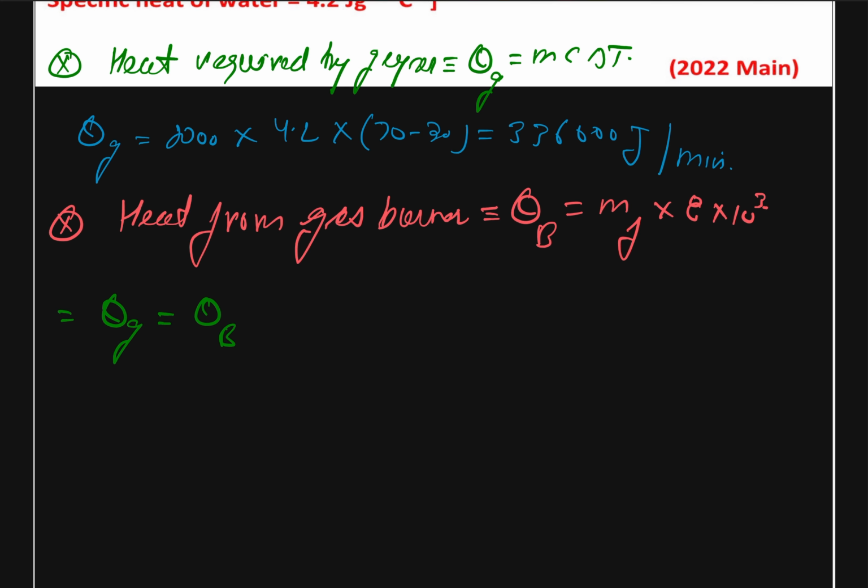So this theta G should be equal to theta B, and from here we can say 336,000 is equal to MF times 8 into 10 to the power 3, and this 3 and 3 goes away, so this will be 336 divided by 8.